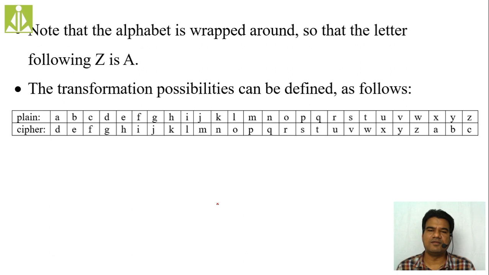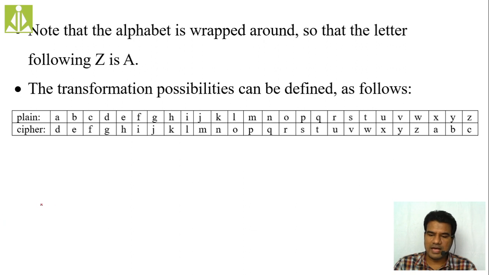With that key and the wrapped around alphabet, we got this ciphertext for the plain text. Whatever plain text character we have, we get a subsequent ciphertext character, something like this.